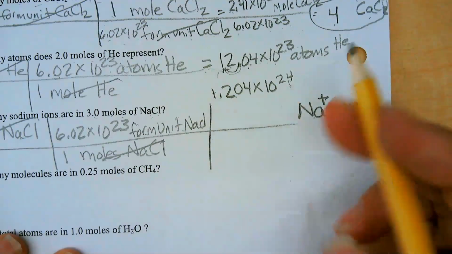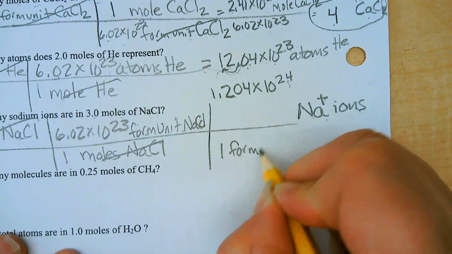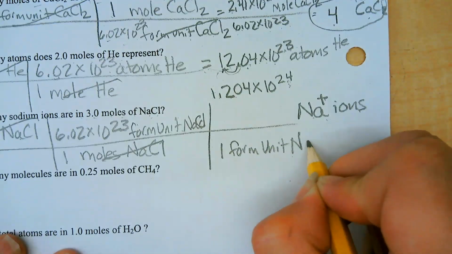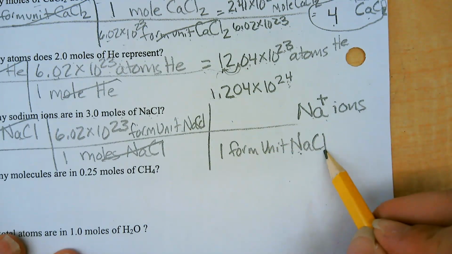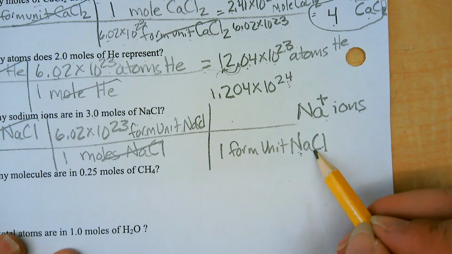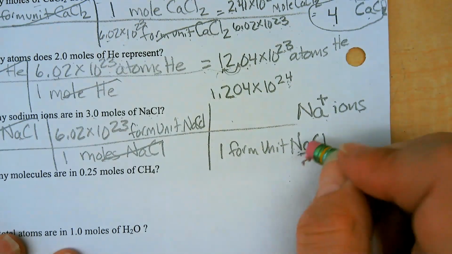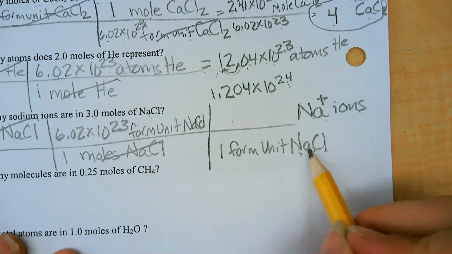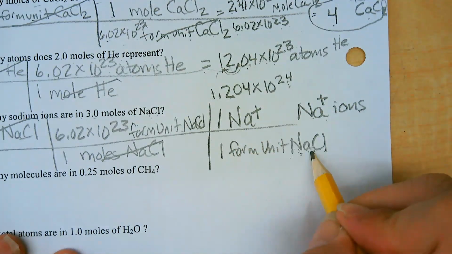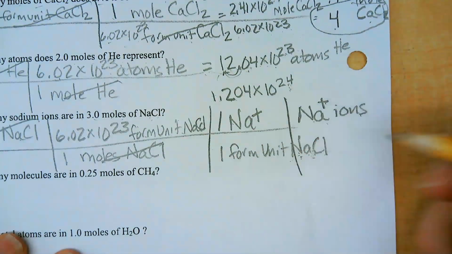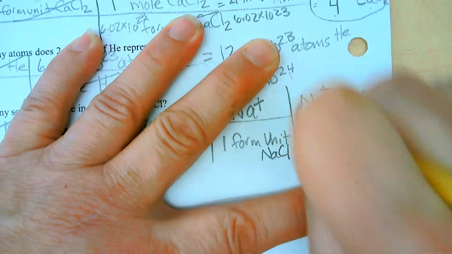So let's get rid of formula units of NaCl. How many sodium ions are in 1 formula unit of NaCl? Well, there's only 1. If it was Na2Cl, then it would be 2 sodium ions, but it's not. There's just 1 sodium ion. So 1 sodium ion in every 1 of these. Whoops, this needs to be over here. All right, let's do that. There we go.